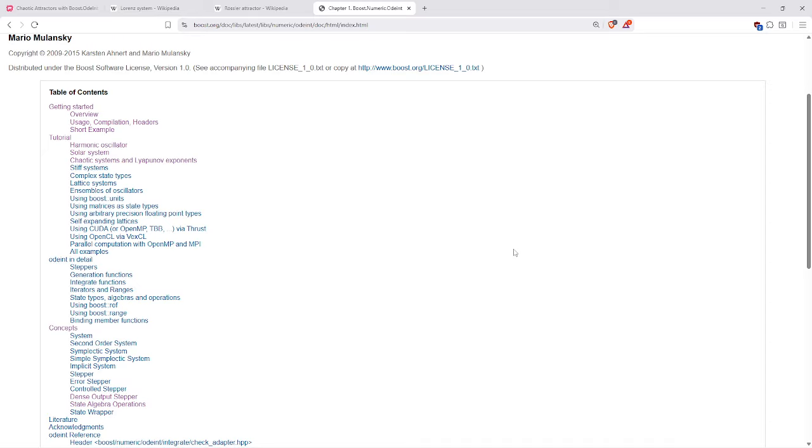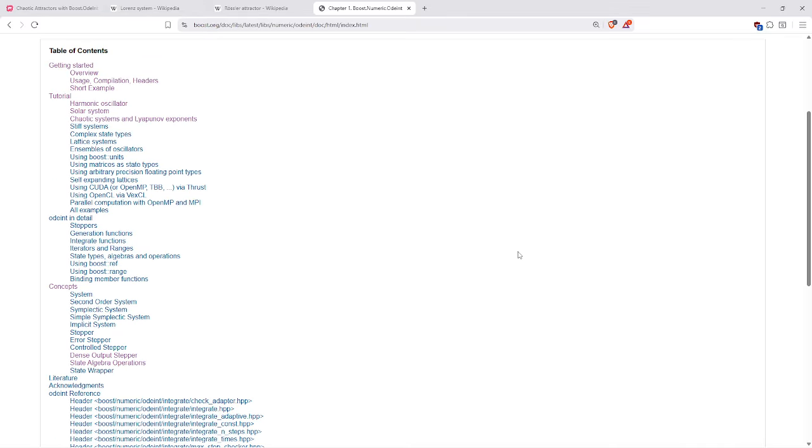But one of the interesting things about this library is, as I said, there have been many large textbooks written about numerical integration. It's a well-studied topic. There are lots of different considerations based on the characteristics of the system of equations that you are attempting to integrate.